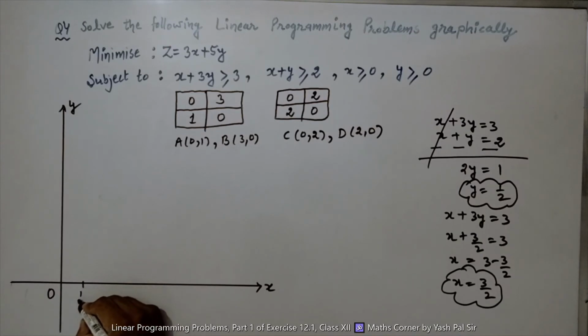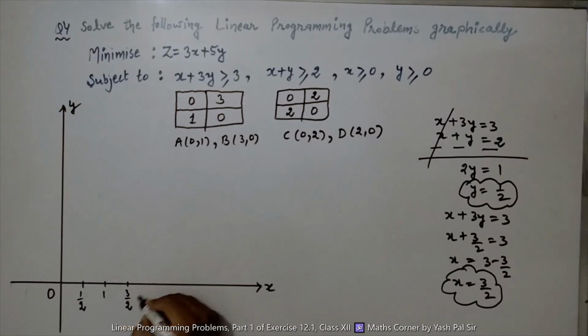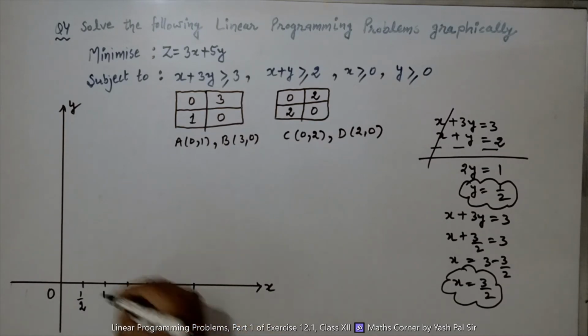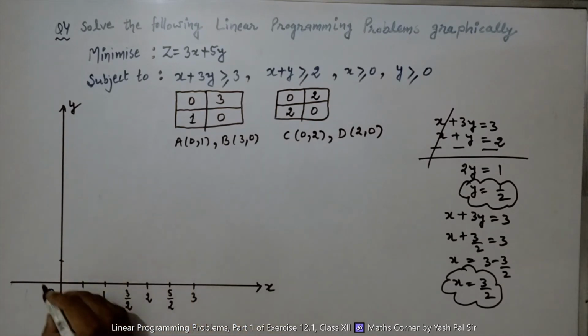So we make equal parts on the axes: 1 by 2, 1, 3 by 2, 2, 5 by 2, 3.